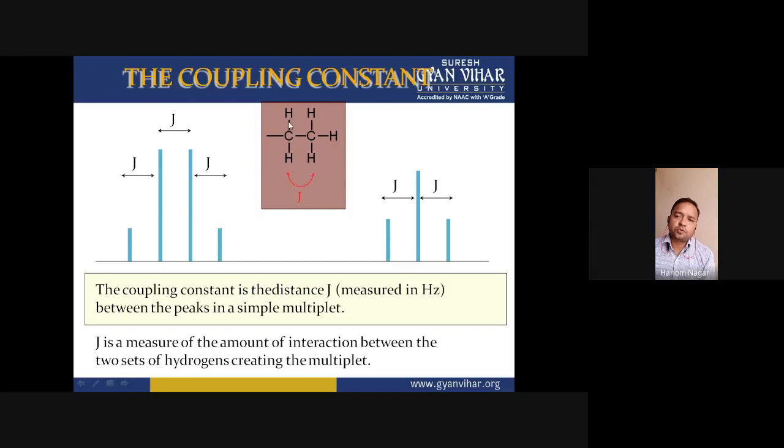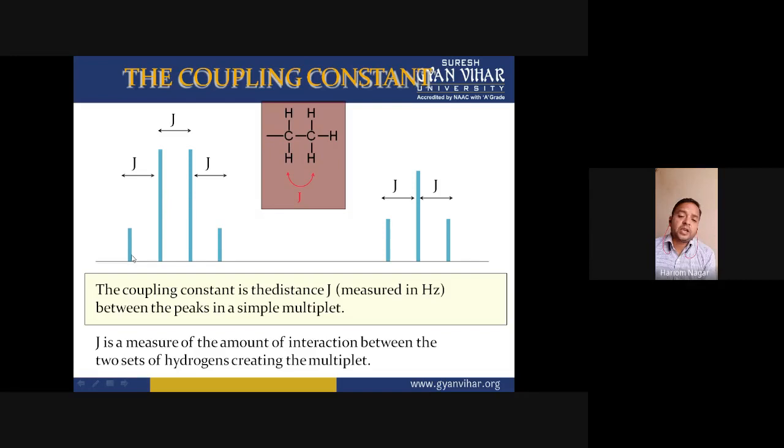But if these two protons interact with these three protons, meaning the n value is 3, then according to the n plus 1 rule, the signal is split into four peaks. N plus 1 equals 4 because for three protons, four spin orientations are formed. If these protons interact with the four spin orientations of these three protons, the signal is split into four peaks.